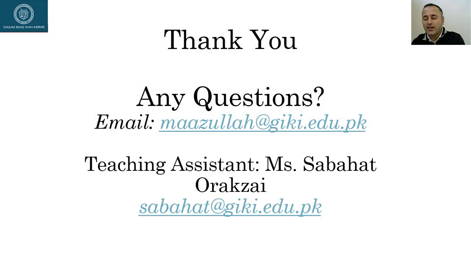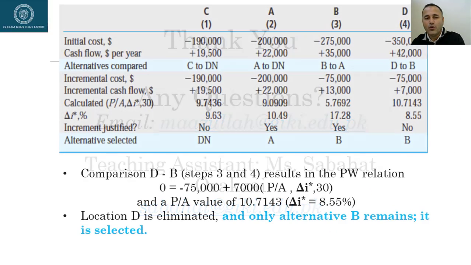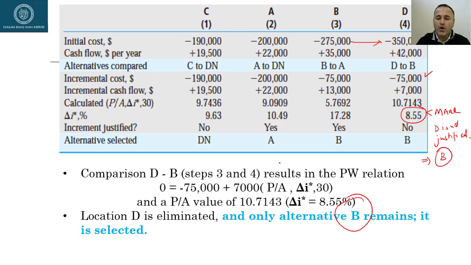So it is a straightforward technique. What do we do? Number one, we order the alternatives. Step number two, I compare the first alternative, the lowest cost alternative, with do nothing, and then I pick one. Whatever I pick, I compare it with the second alternative, pick one, and then compare it to the third alternative.